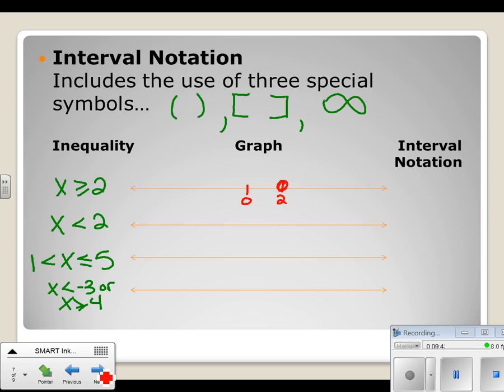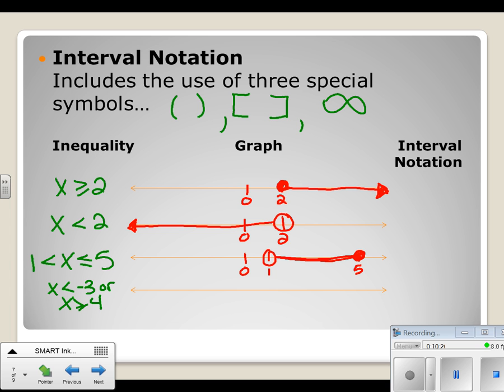So x is greater than or equal to 2, can equal 2 and anything to the right. x is less than 2 would be open, shaded to the left. So we'll say that we have 1 and 5, and x is greater than 1, but less than or equal to 5, shaded between there.